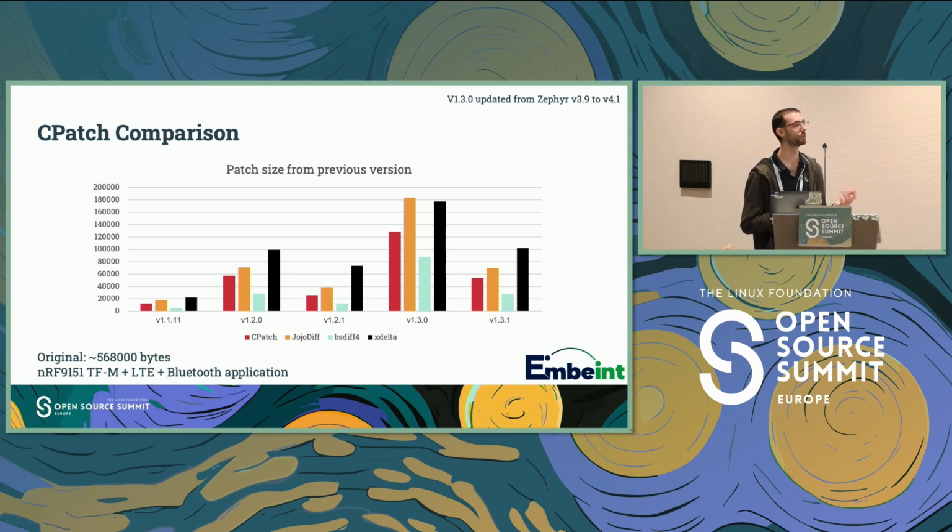It's got Bluetooth. There's a lot going on, and the entire original application is 568,000. I can't divide by 1,024 in my head off that. So for small changes, like down here, we've got diff files of like 16 kilobytes. I did have slides with percentages here, but I've lost them apparently.